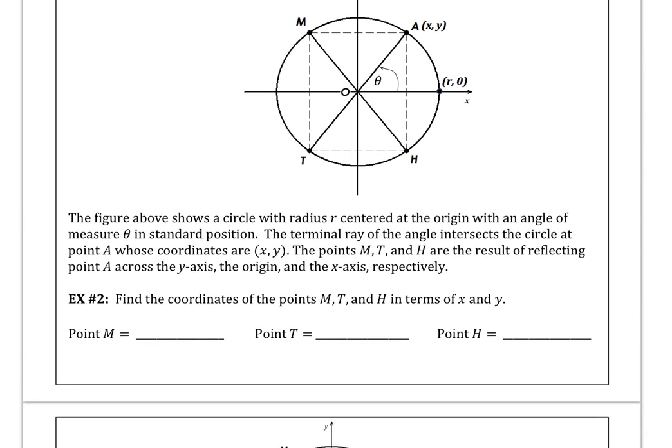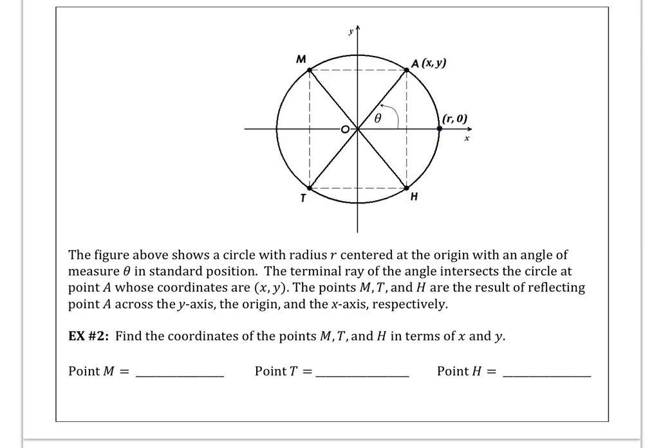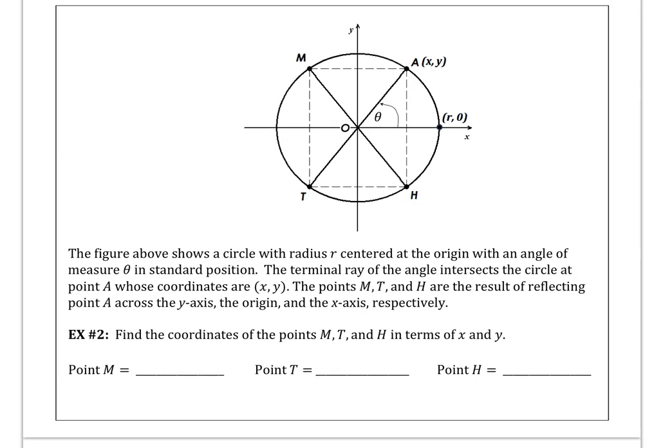For example 2, the figure shows a circle with radius r centered at the origin with an angle measurement theta that's in standard position. The points M, T, and H are the result of reflecting point A across the y-axis, across the origin, and then the x-axis respectively. If you think about labeling those, point M would be a negative x value and a positive y.